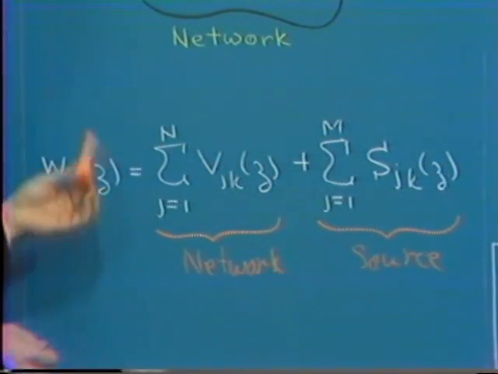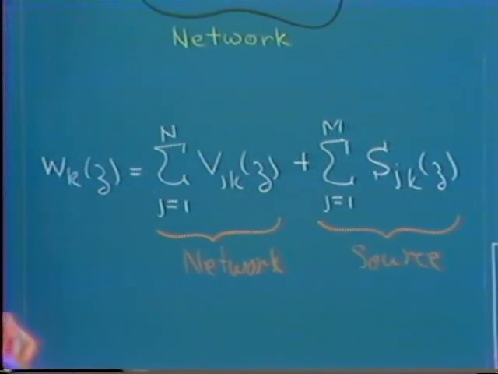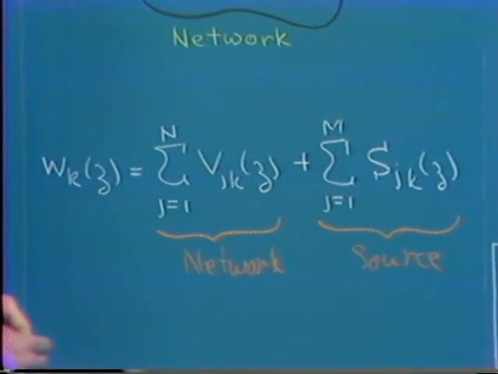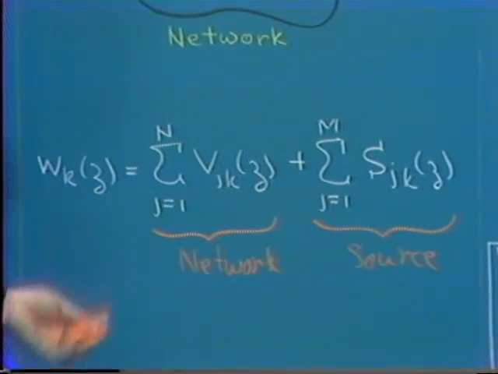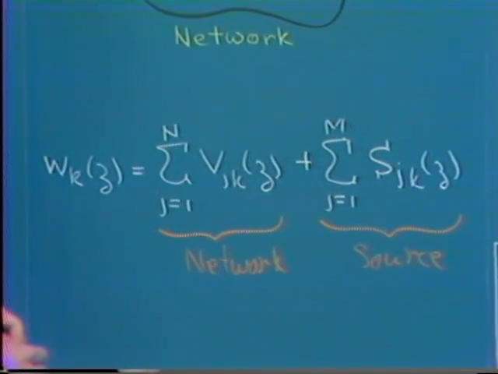And incidentally, I've assumed, and it's just best to assume this because of notational convenience, that there's a branch from every network node to every other network node. Obviously, I can always get away with that. If that branch doesn't really exist, I simply set the gain of that branch equal to 0.